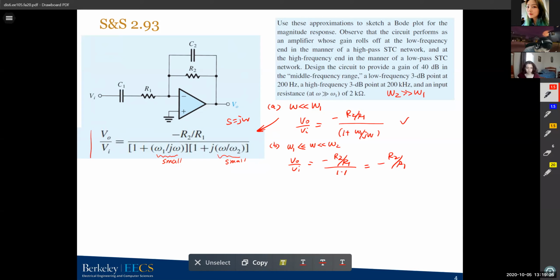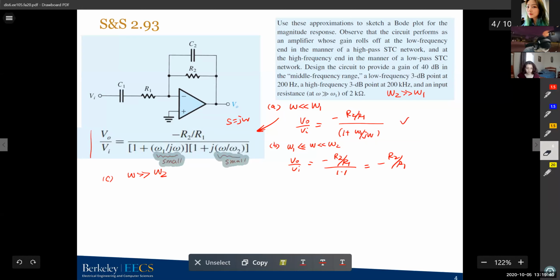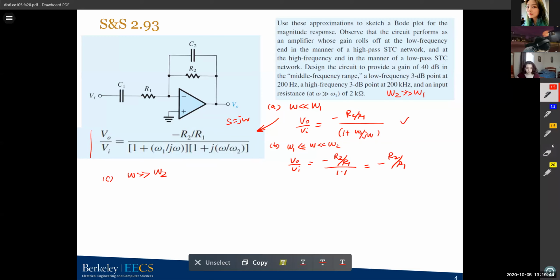So you will have omega in between omega 1 and omega 2. The third case, we want to find what the equation will be if omega is much greater than omega 2. So go back to the equation. If omega is much greater than omega 2, this one will be small, while this one, omega over omega 2, will be large.